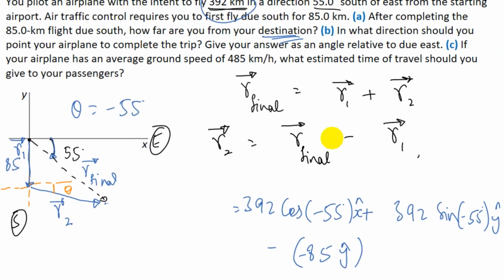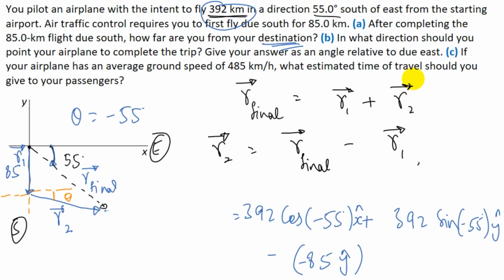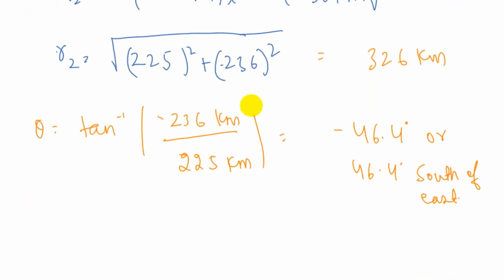Now next, in the C part, we need to find, if the average ground speed is 485 kilometers per hour, what estimated time of travel should you give to your passengers? Okay. So your speed for the airplane is 485 kilometer per hour. So time taken to cover this distance would be, time is distance over speed.